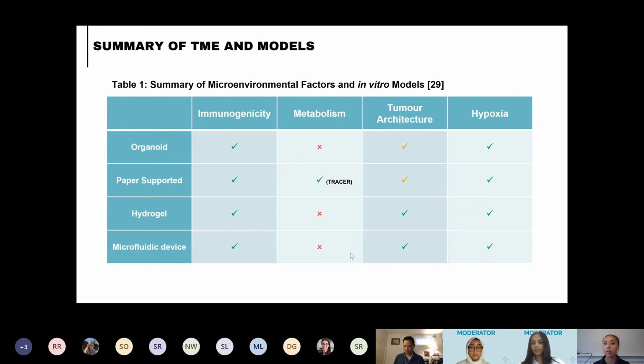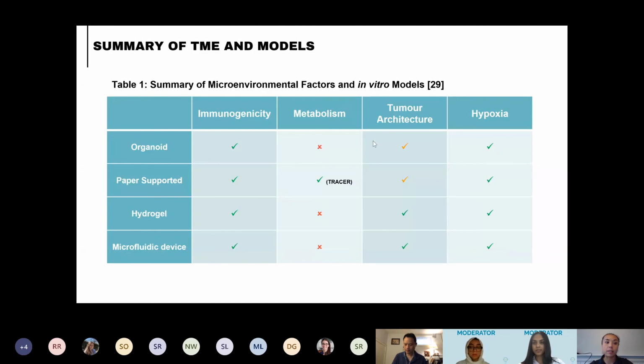Papers, like all the other models, do show it, but they just aren't as popular, mostly just based on accessibility to immunologists, which is one of the reasons why I wanted to create a presentation like this, because a lot of immunologists won't look at a microfluidic device and say, okay, I can use that to probe immunogenicity, whereas in reality, it actually is a perfectly fine mechanism and just needs a little bit more work on it.